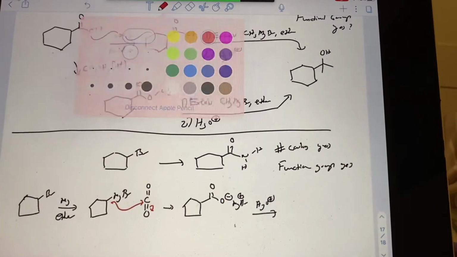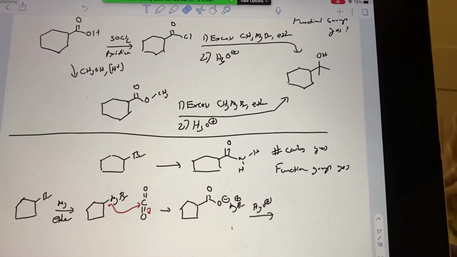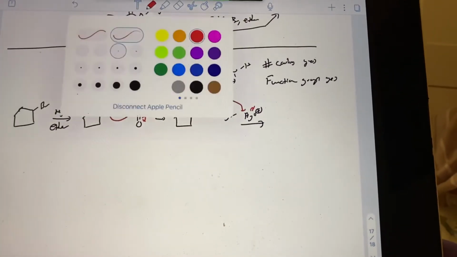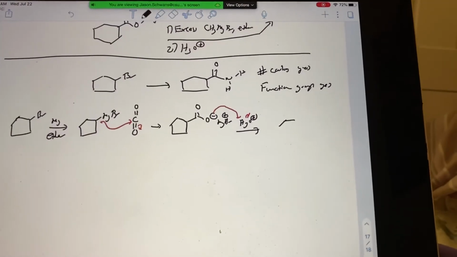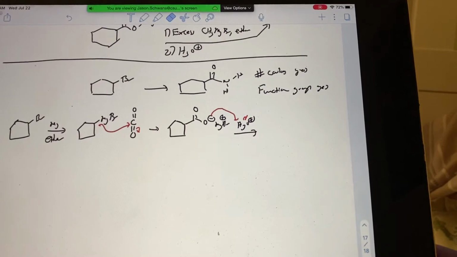So I'm going to show the arrow. Oops. And now we've... let's try the 5-membered ring again. I should stick with the 6-membered rings.